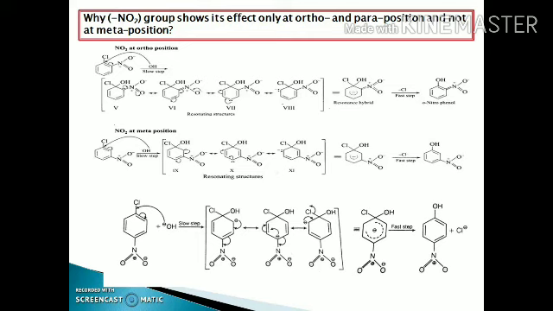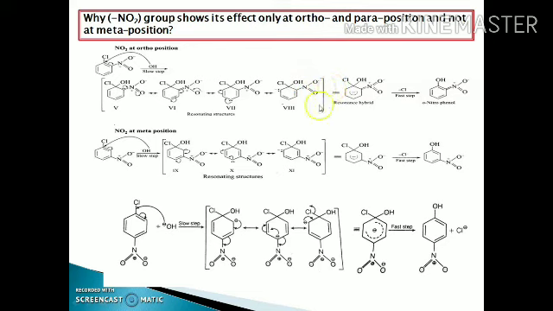The negative charge appearing at the ortho and para position with respect to the halogen substituent is stabilized by the nitro group. Now see, in case of the ortho position, if the carbanion is formed, this carbanion gets stabilized by the nitro group as the nitro group is an electron withdrawing group.